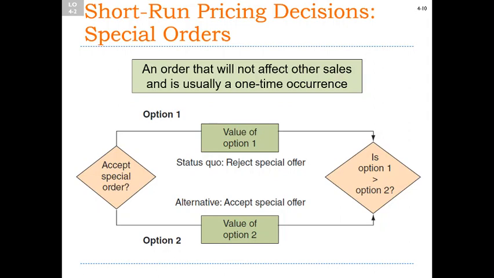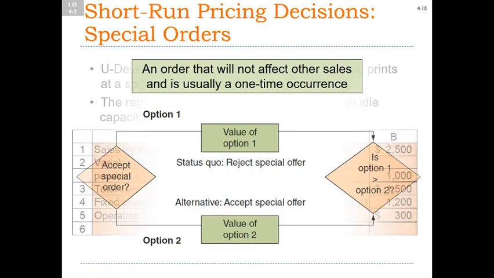If it's going to affect your normal sales and normal production, you probably want to pass on the opportunity. So, here's a little decision table that you can use for that.